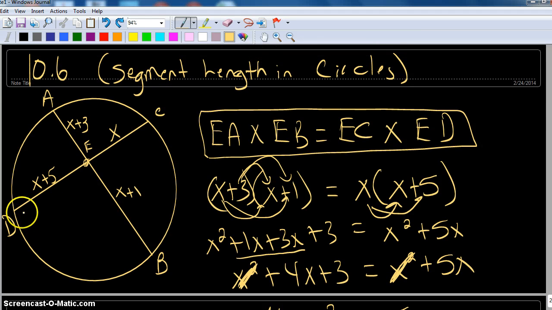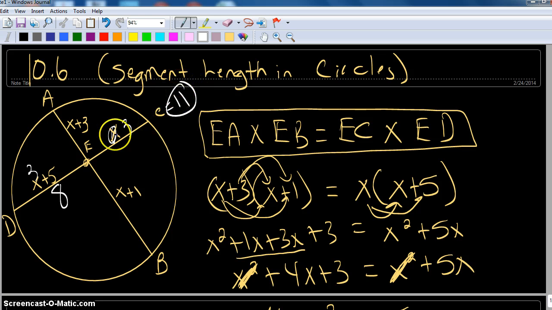Alright, so let's say I want to figure out how long is, right here, CD. So I'm going to do, since I know X is 3, I want to put a 3 right here. Change that with a 3. And that's 3. 3 plus 5 is 8, so this is really 8. And all of this from D all the way to C is 8 plus 3, so that would be 11.